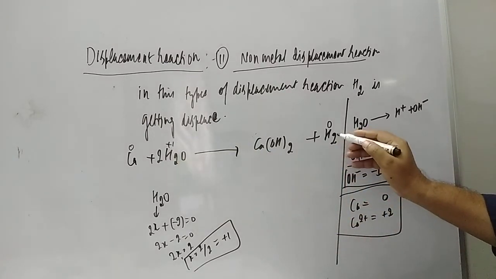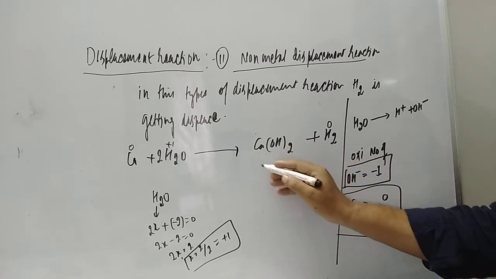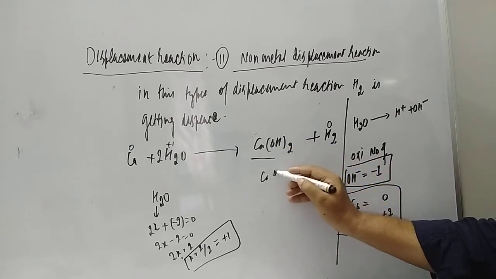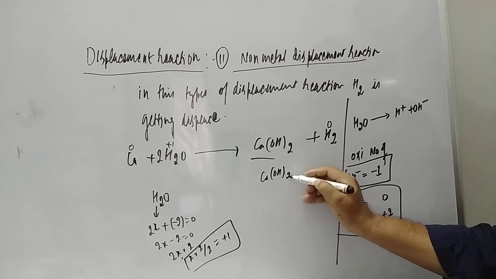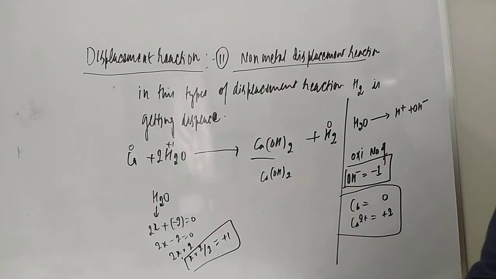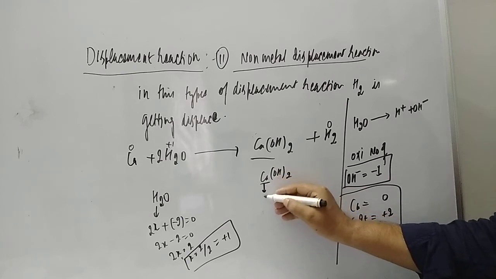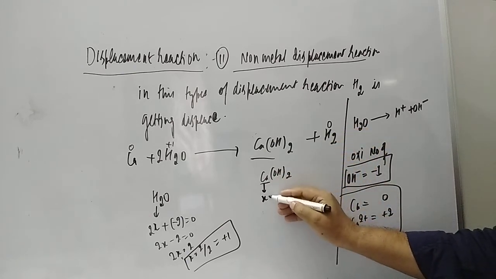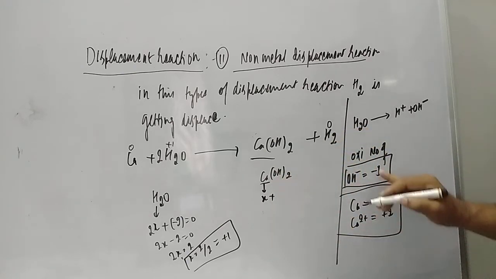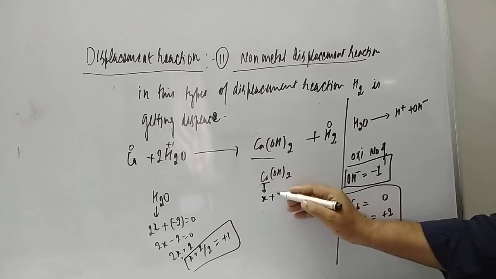Now you see, hydrogen in H2 is 0. On this side, calculate for calcium hydroxide, Ca(OH)2. Calcium is X, plus 2 hydroxides, and I told you OH- is -1 oxidation state.